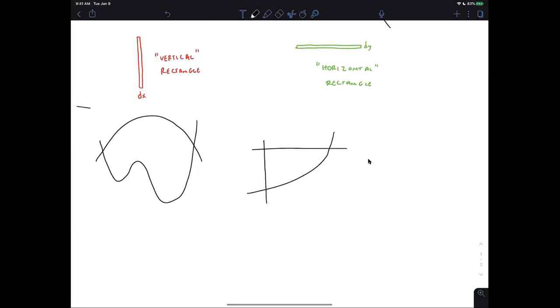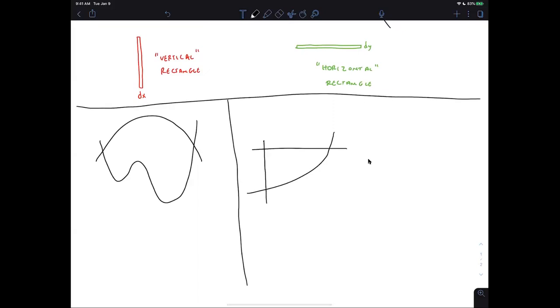And so let me divide the screen a little bit. Okay, and that's another region.